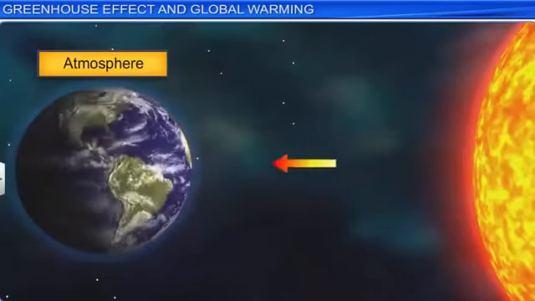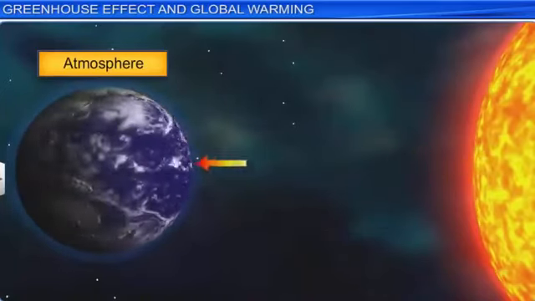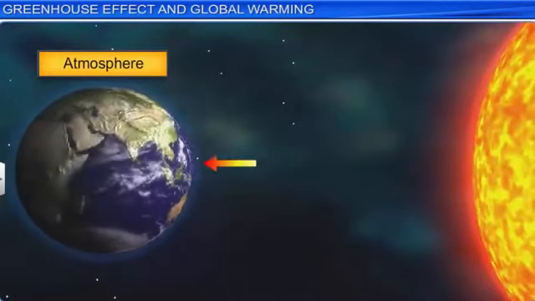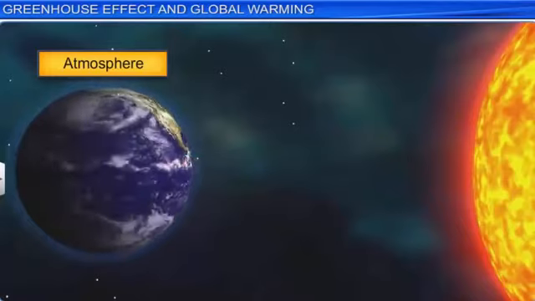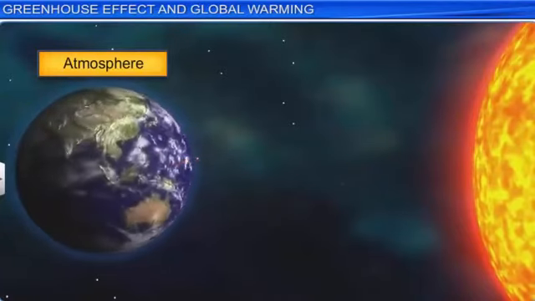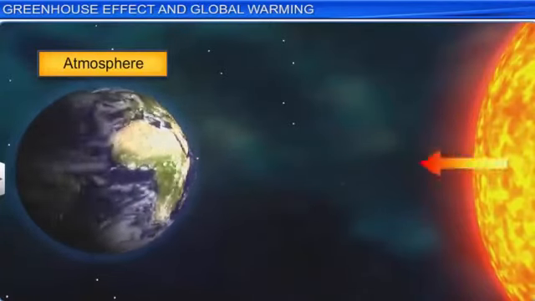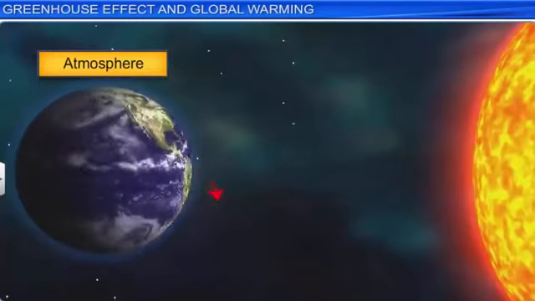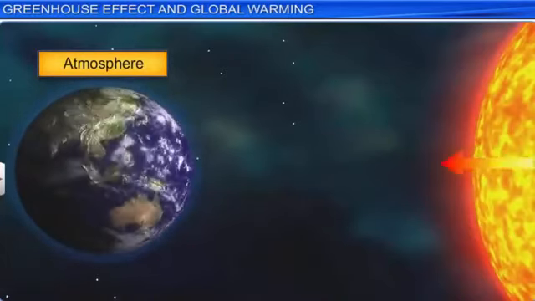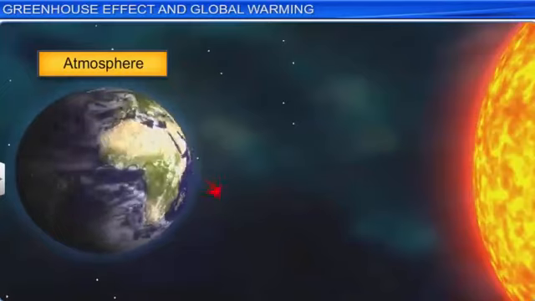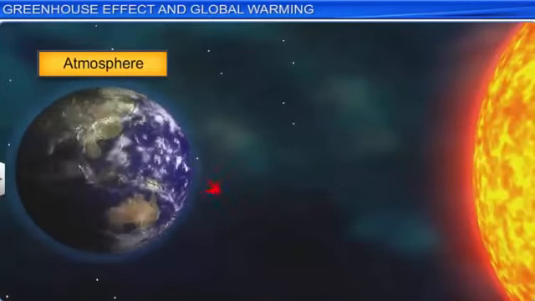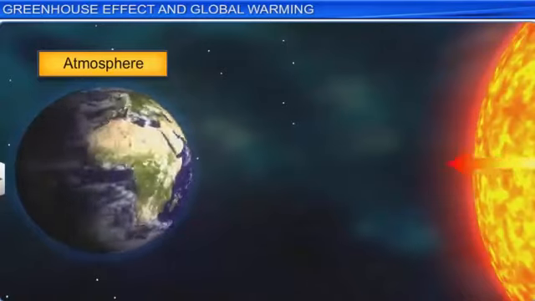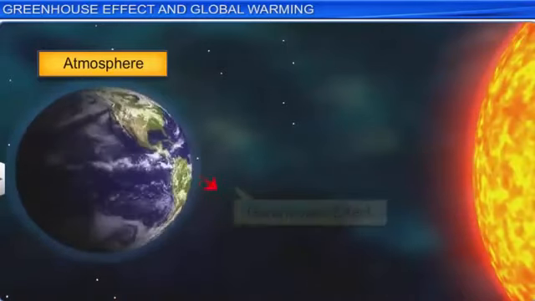Interestingly, without the greenhouse effect, the average temperature of the earth's surface would have been -18 degrees Celsius, rather than the present average temperature of 15 degrees Celsius. To understand the greenhouse effect, let us see what happens to sunlight when it reaches the Earth's atmosphere.